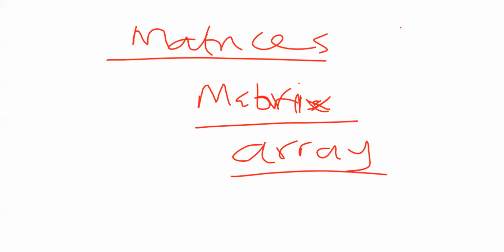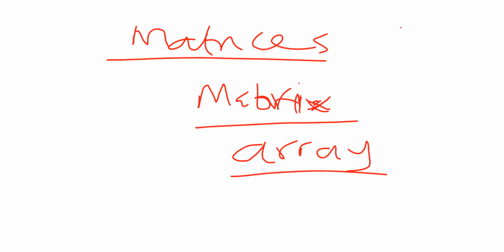It could be numbers, it could be symbols, it could be expressions, arranged in rows and columns. Is it clear?